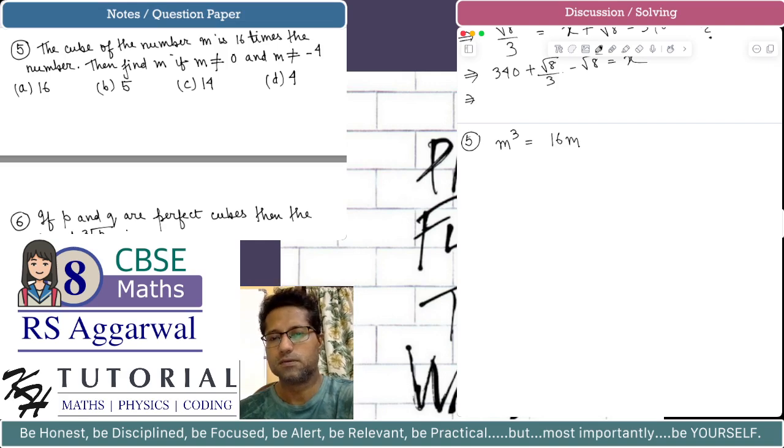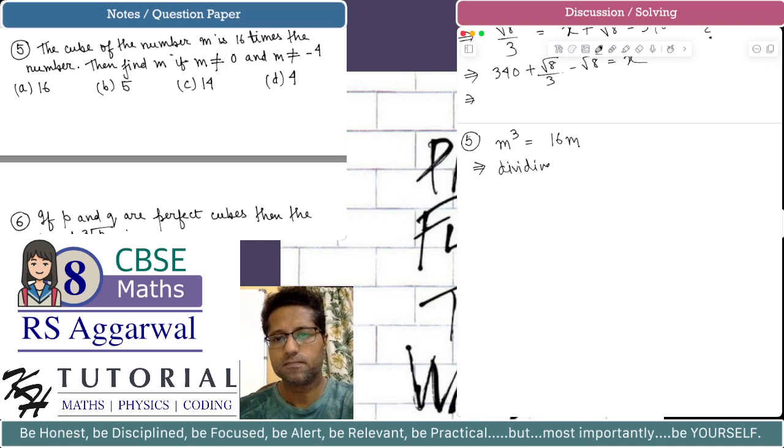Now we have this. Now this implies, since it is given that m not equals to 0, we can always divide both the LHS and RHS by m.